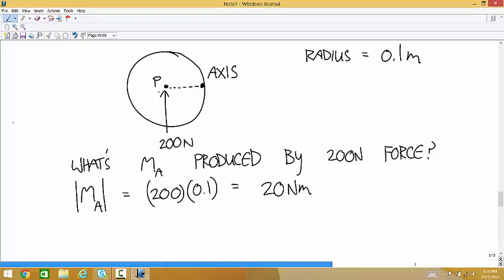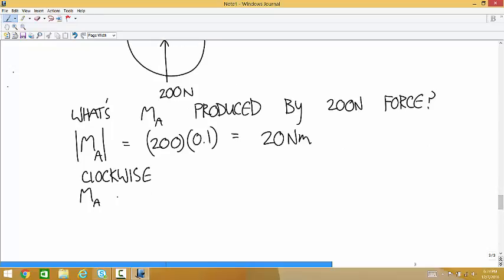But since I specified that the axis is here, that force makes it rotate like this, clockwise. And so M_A is equal to negative 20 Newton meters.